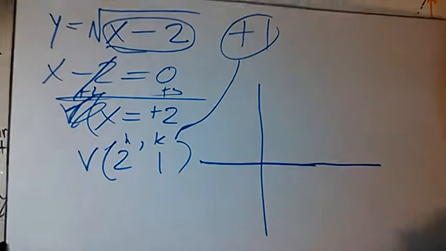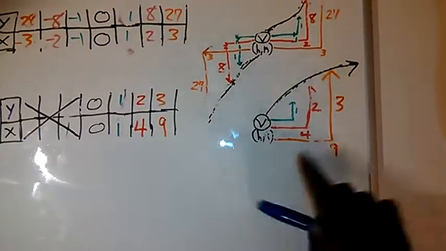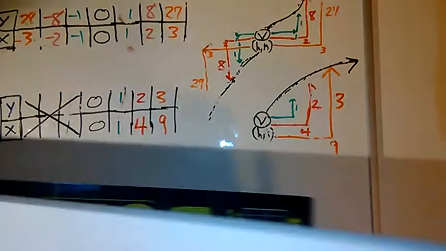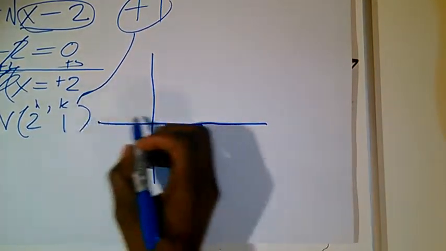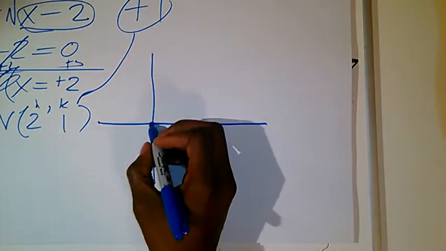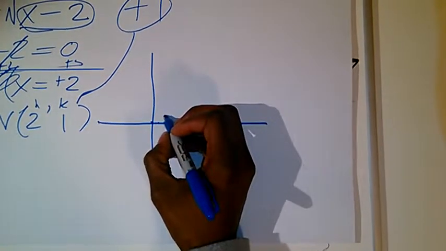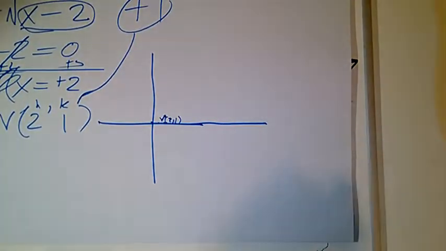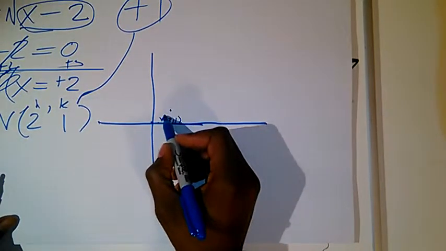And when we graph this baby, we automatically should think, when we're graphing square root functions, of our pattern 1, 1, 4, 2, 9, 3. Okay? So we start at the vertex, which is 2, 1. So we go 1, 2, up 1. That's our vertex right there. Now, remember our pattern 1, 1, right?